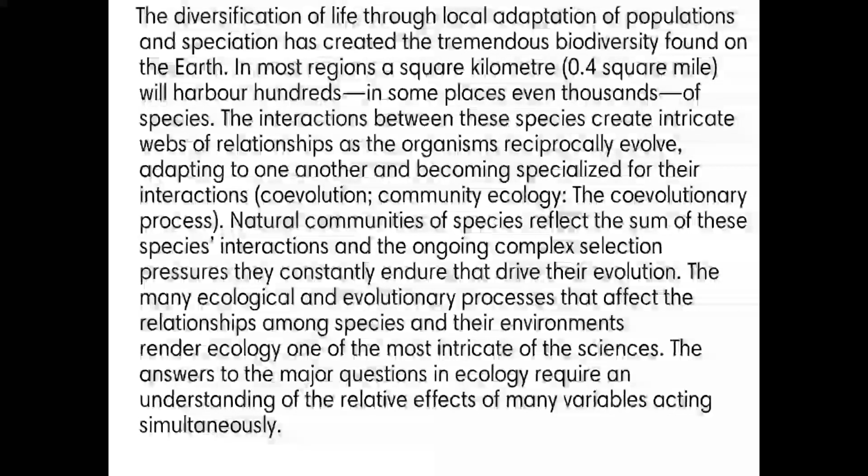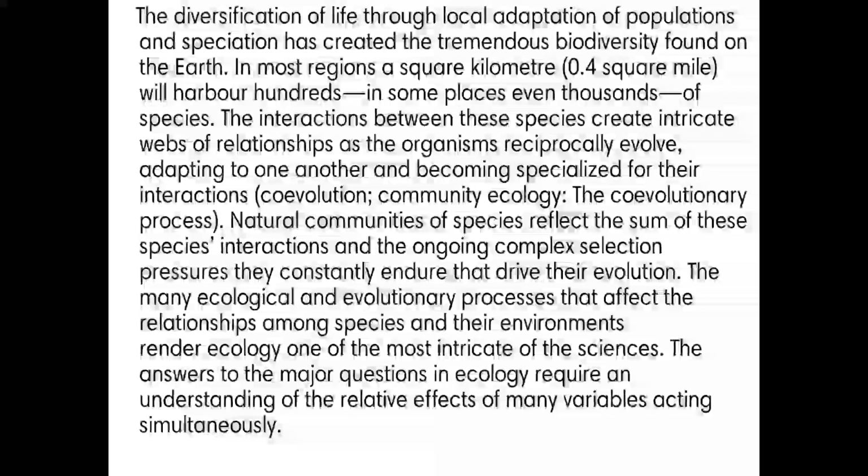In most regions, a square kilometer (0.4 square mile) will harbor hundreds, in some places even thousands, of species. The interactions between these species create intricate webs of interrelationships as the organisms reciprocally evolve, adapting to one another and becoming specialized for their interaction.